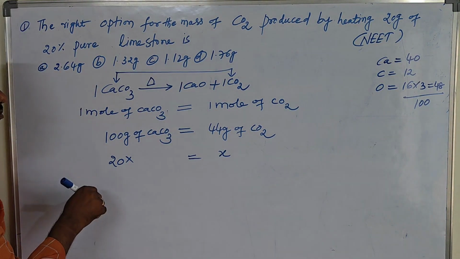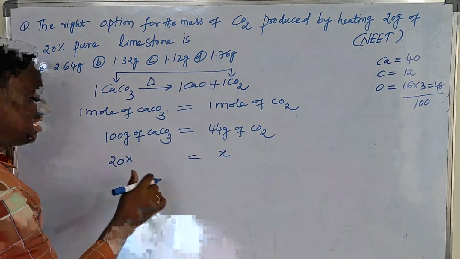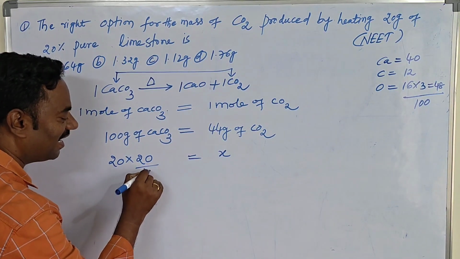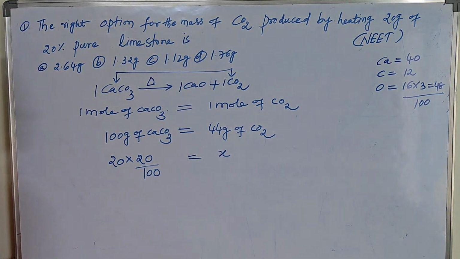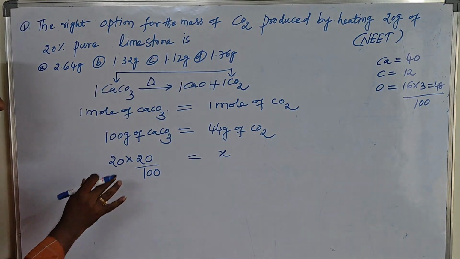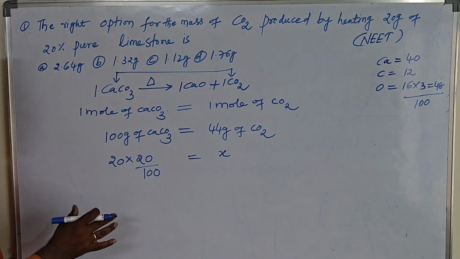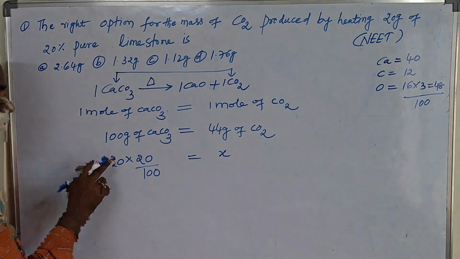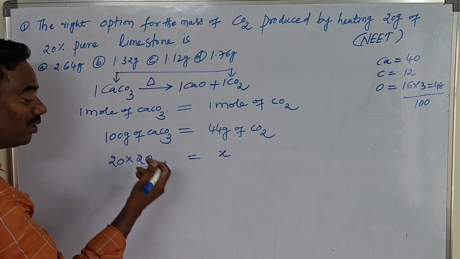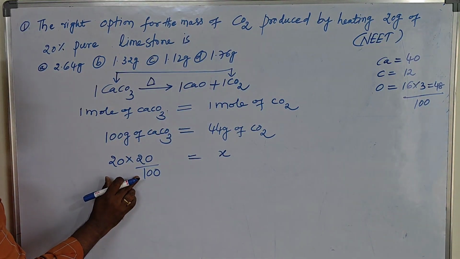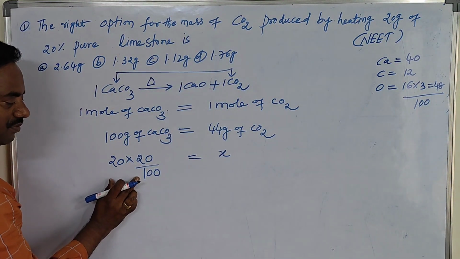In 20 grams, 20% means 20 by 100. This is important in this problem. The problem is easy, but this is important. How much limestone they are taking: 20 grams and 20%. In 20 grams, 20% of limestone is participating.